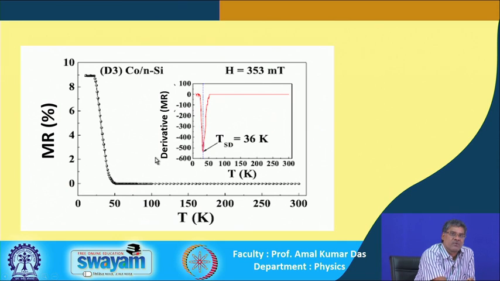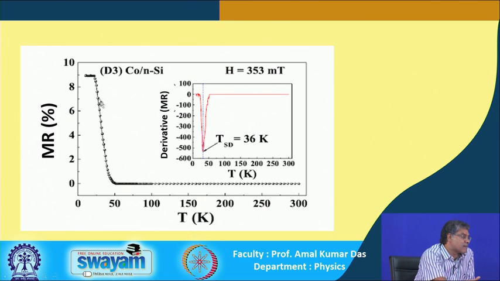Now, at a particular magnetic field, how the magnetoresistance changes with temperature, that is what we have measured. Okay. So, this is one of our samples, measured on that sample. This is again from our lab, and we have plotted and got the information from this.